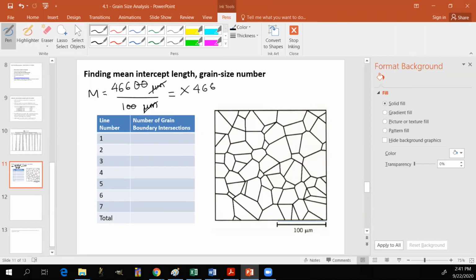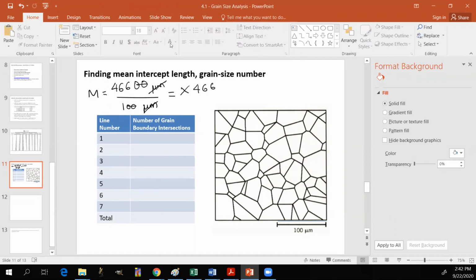Then the next step is to draw an appropriate number of lines, somewhere between 5 to 15, but we're just going to use 7 for this example.